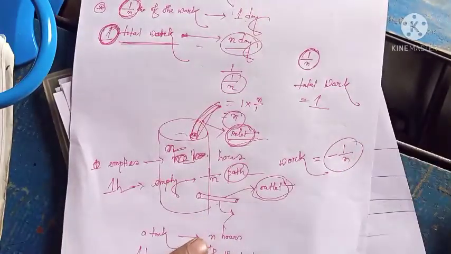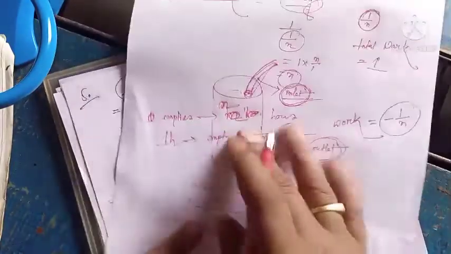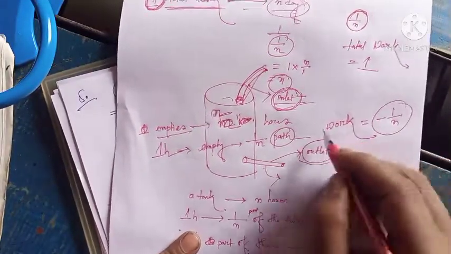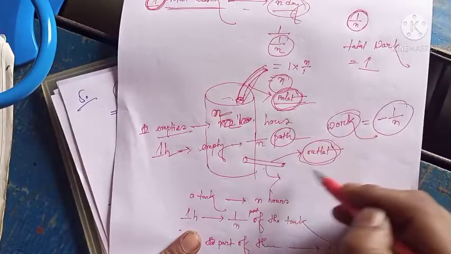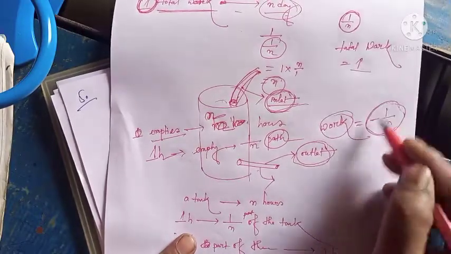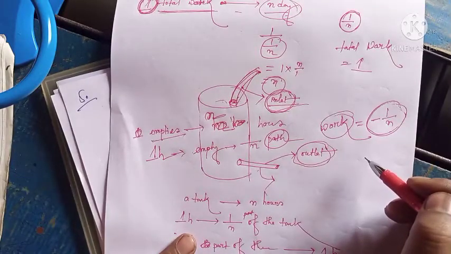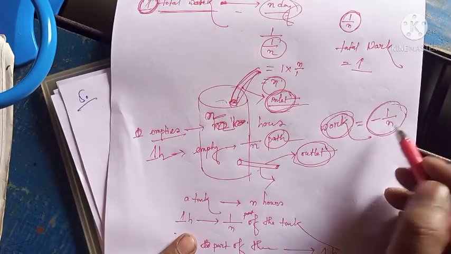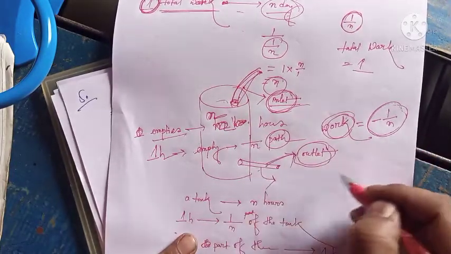But if you write the work done by the pipe, then you must write minus 1 by n, that is, work done in 1 hour equals minus 1 by n in case of emptying the tank.